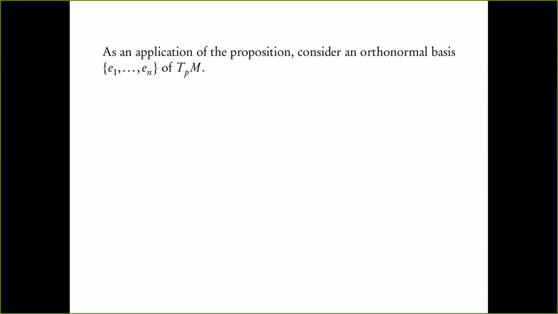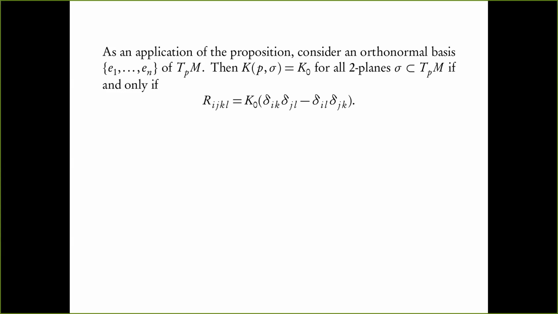So let's consider an orthonormal basis E1 through En of T_pM and assume that the sectional curvatures are all K0, constant. This happens by the proposition if and only if R_ijkl, which is simply R(Ei, Ej) acting on Ek, dot product El, equals K0 times R prime.